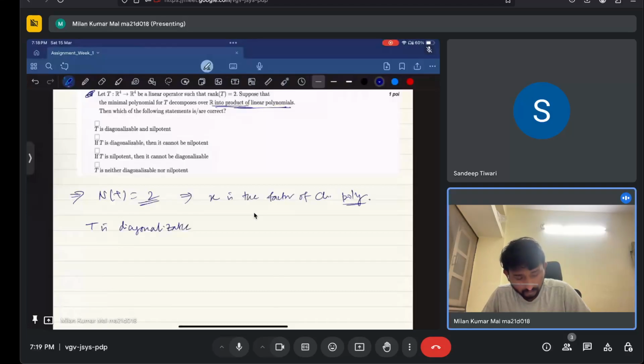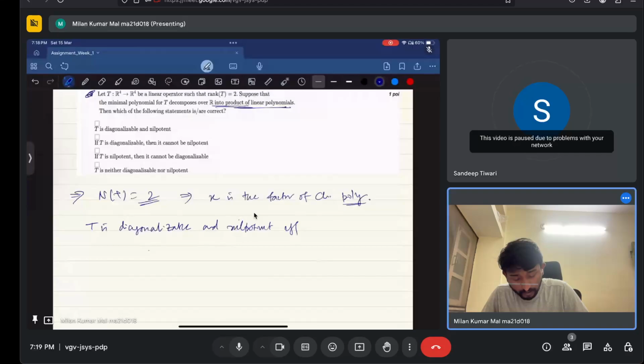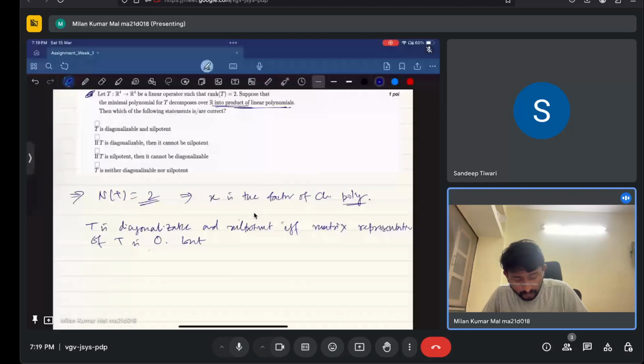But given that rank of T is equal to 2, T can't be 0.